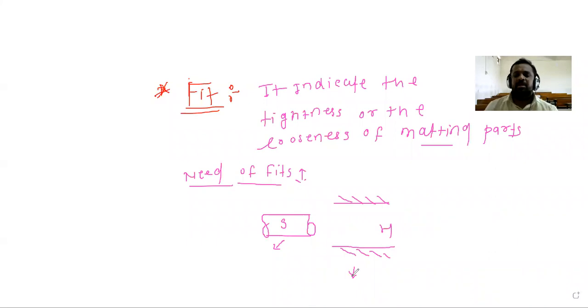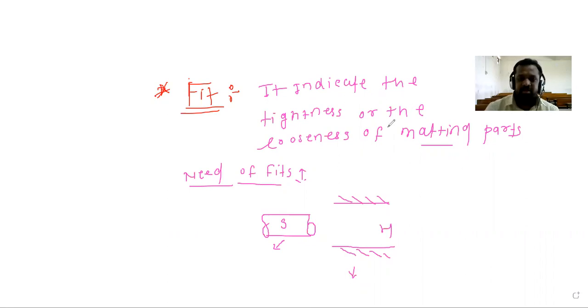It will directly make an effect on their assembly, right? Yes or no? If we have not decided the fit, whether I want it tight or loose, and directly manufactured the component, what will happen? It will directly make an effect on your assembly.